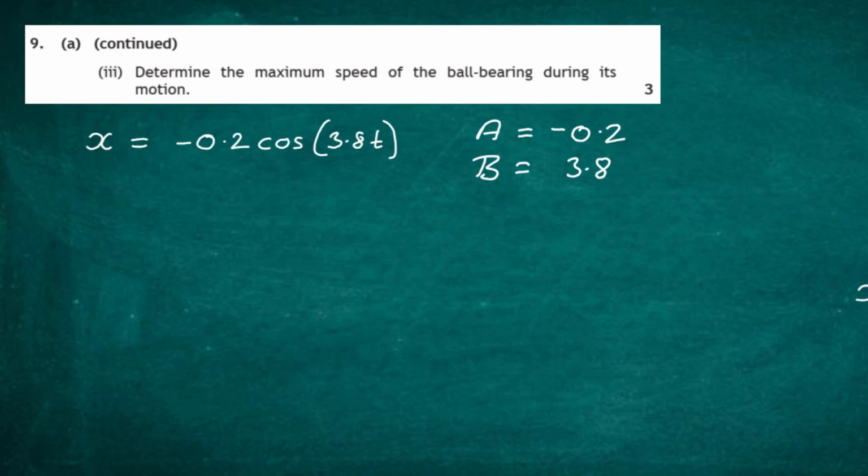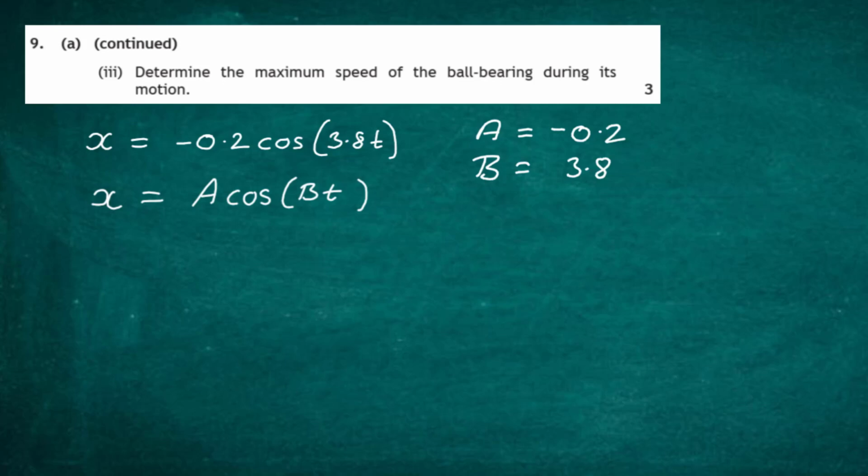We just invented these constants, a equal to minus 0.2, b equal to 3.8, so that we could write the displacement equation in terms like that. x was equal to a cos bt, because once it's written like that, we take away the niggliness of the minus signs and make it easy for us to find the derivative.